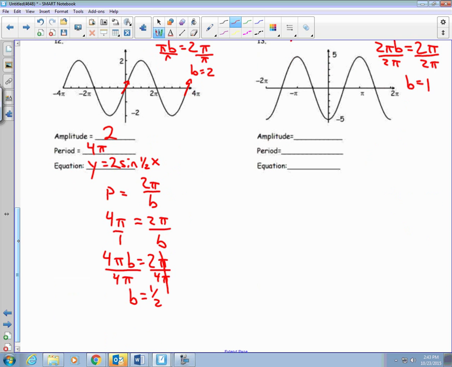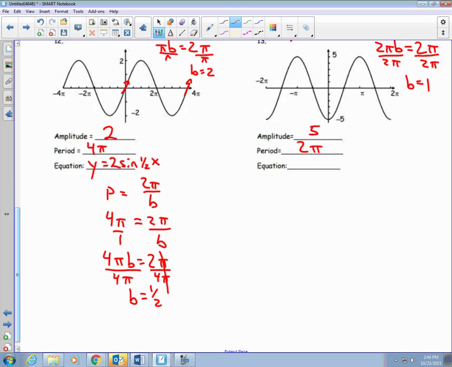If you don't see it, continue to do it the way that we did. How many cycles does this have between 0 and 2 pi? Just a half of one. How many cycles does this have between 0 and 2 pi? 1. What's the amplitude? 5. What's the period? 2 pi.